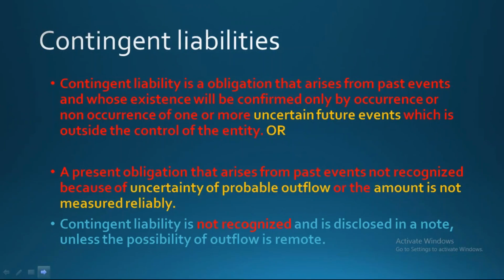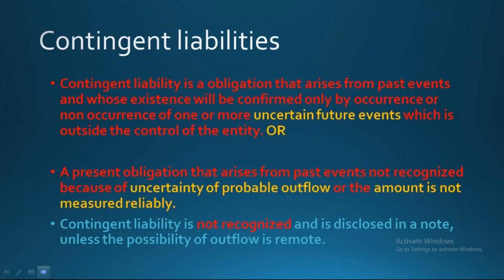So the contingent liability is not recognized in the financial statements. You don't put a double entry for a contingent liability. For a provision, you put a double entry: debit expenditure, credit the provision. For a liability, you put a double entry: debit purchases, credit payables. For taxes, you put a double entry: debit income tax, credit tax payable.